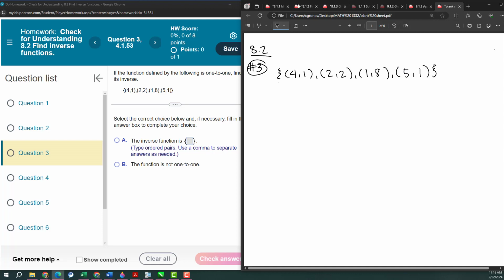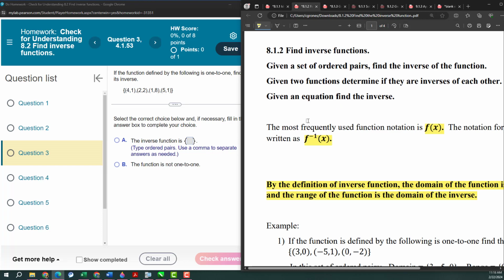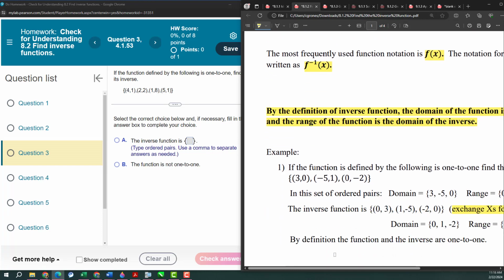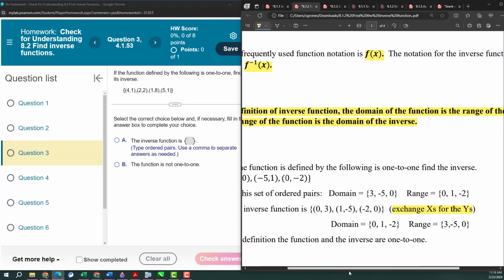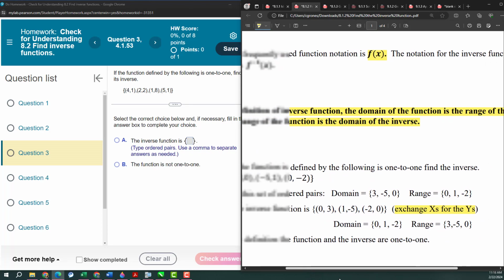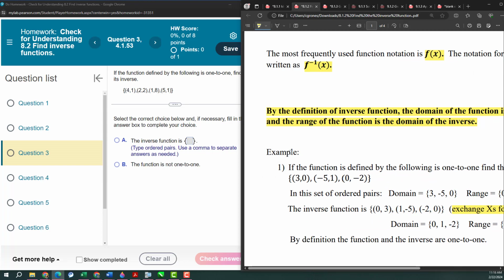So if we look at our notes for 8.2, it says that by the definition of inverse function, the domain of the function is the range of the inverse, and the range of the function is the domain of the inverse. So we're going to find our domain and range, and when we swap them, that will be our inverse.